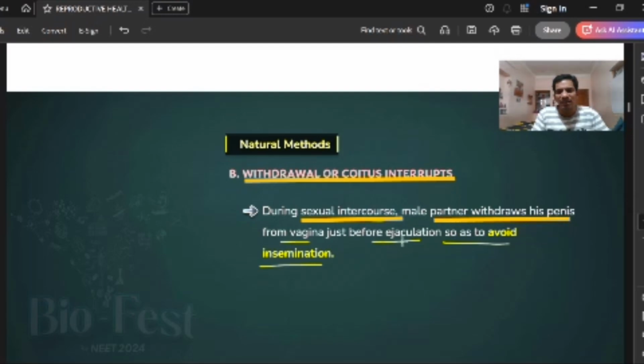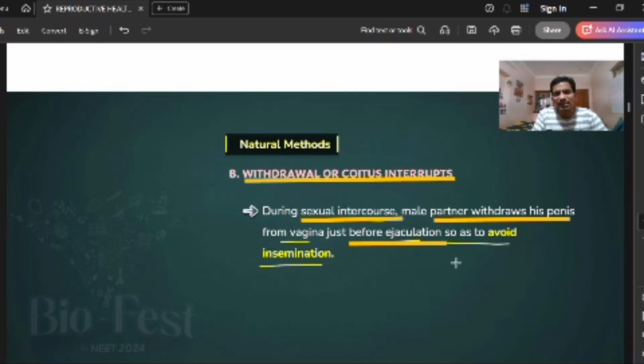Automatically, it avoids insemination, because ejaculation takes place outside the female system. Am I right? One more thing to remember: insemination is different, ejaculation is different.